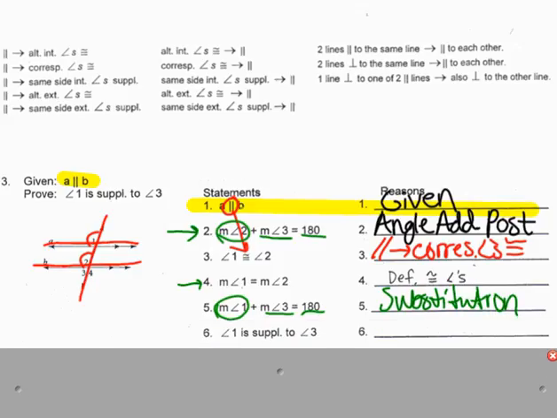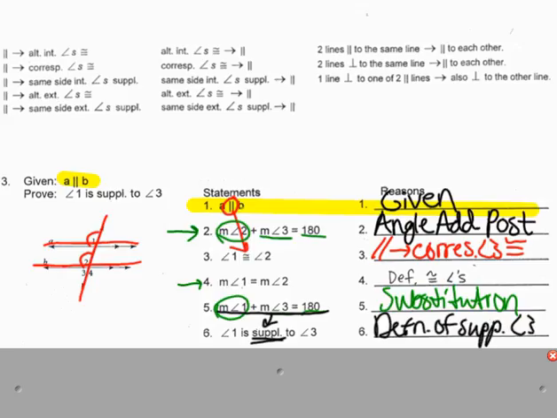More of this, and then we have 180. So in this one, we have 180, these angles adding up to 180, then they're supplementary. Vocab. So this one is definition of supplementary angles.